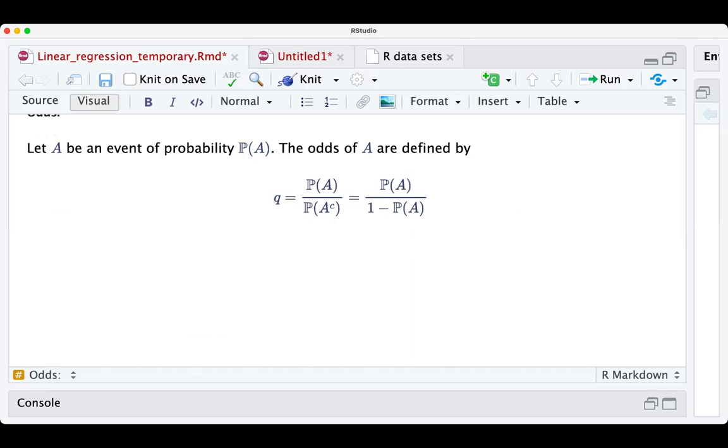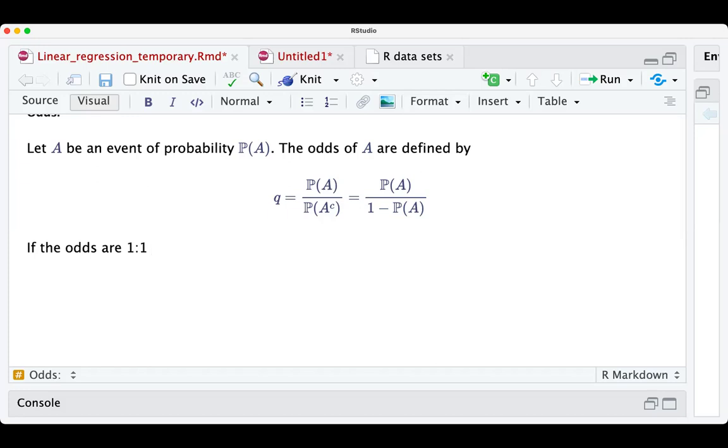So this is a definition. For a moment, let's look at it: if the odds are 1 to 1, what is the probability of the event A? The odds are even common in the language.